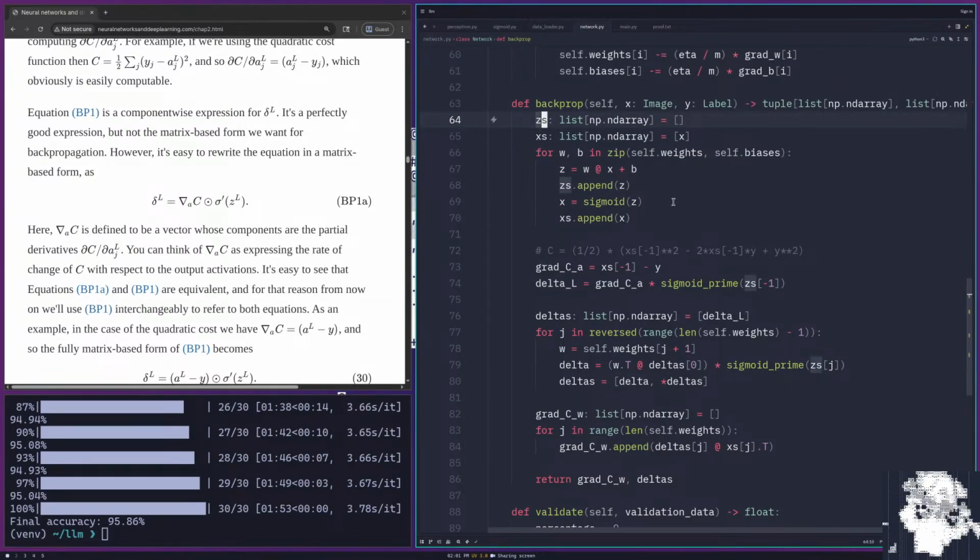So we're going to be figuring out these z's and these x's. Z's are the inputs to the sigmoid function. These are also called the weighted inputs or something like that. So this is weights times input plus bias, and then you pass that into the activation function, which for us is a sigmoid function. And then these are the outputs at each layer.